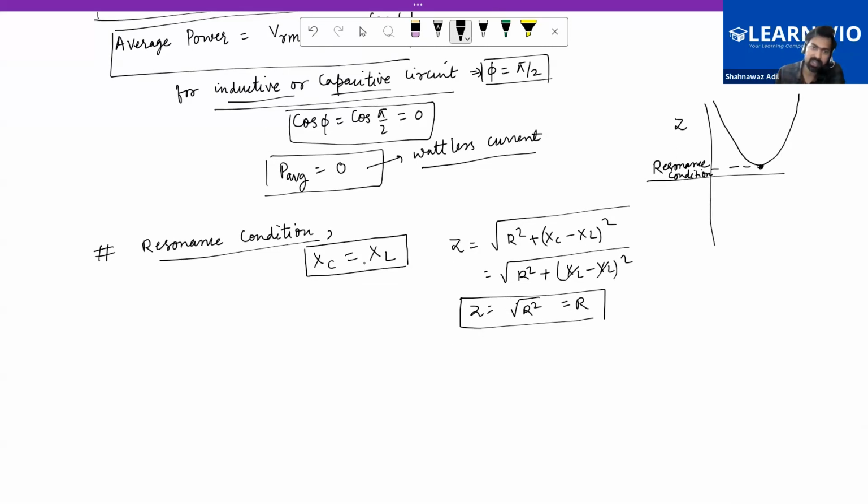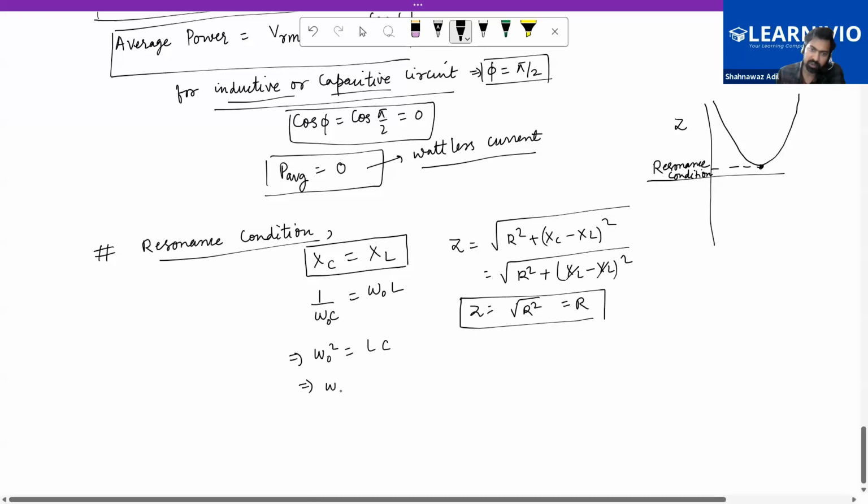And what is this frequency? So at resonance condition, this is 1 over omega C, and this is omega naught L. So omega naught square becomes 1 over LC, because omega naught goes here, L goes here.